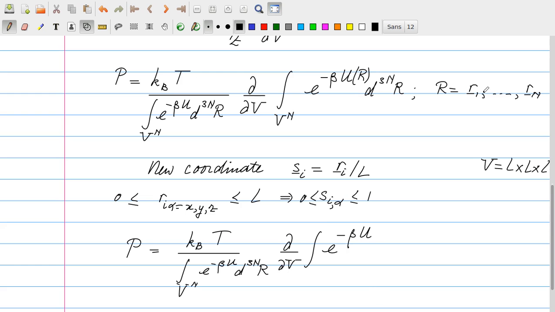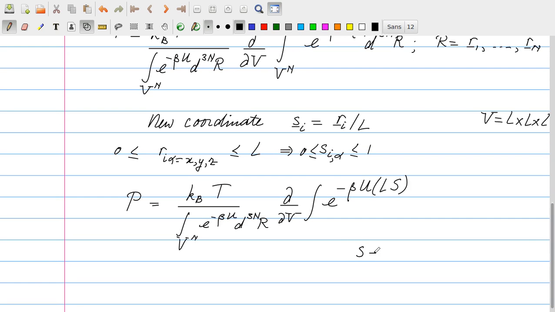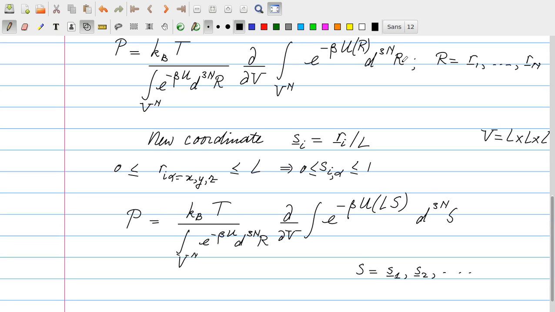Now, just as we lumped all these little r's into this 3N-dimensional coordinate r, we can do the same with the s_i, and so we can write U as depending on L times s, where s denotes all the little vectors s1, the position of particle 1 rescaled to have coordinates only between 0 and 1, s2, etc. And then we have now a d3Ns, but we should be careful because each of these coordinates is rescaled.